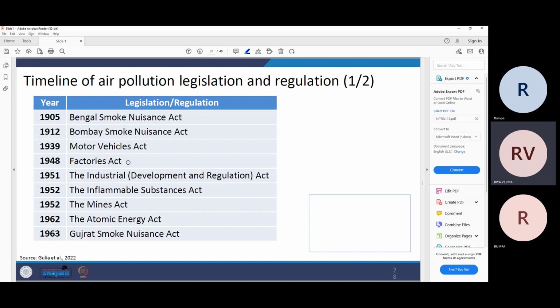In 1951, the Industrial Development and Regulation Act. 1952, the Inflammable Substances Act. 52, the Mines Act. 62, the Atomic Energy Act. And 63, the Gujarat Smoke Nuisance Act. So, the first act that was there was Bengal Smoke Nuisance Act, and it was in 1905.